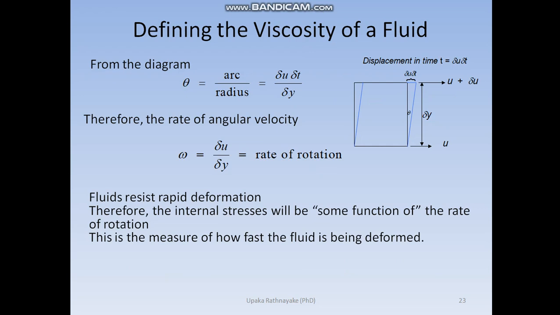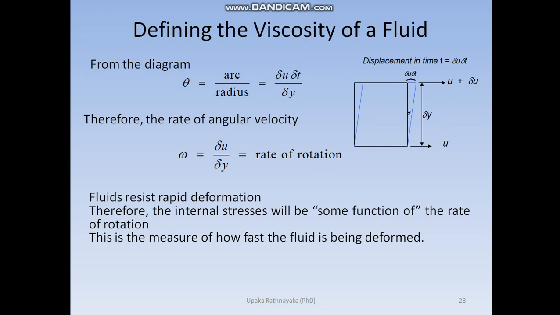Now we know shear force is proportional to shear stress, which is proportional to omega, the angular velocity, which is proportional to delta U over delta Y, that is the rate of rotation. Therefore, the shear stress tau is proportional to delta U over delta Y. Now how can we remove this proportional symbol?